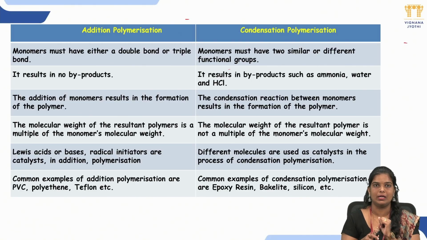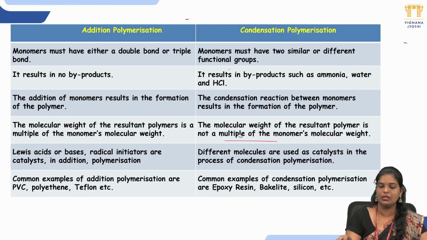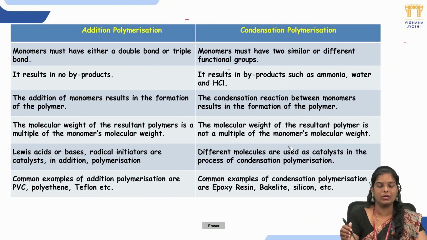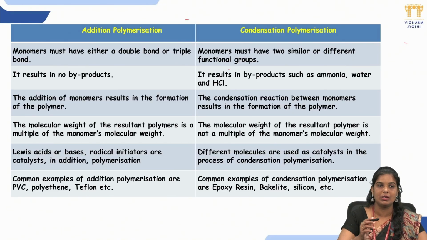It will be less in molecular weight. So that is the thing with condensation polymerization. In addition polymerization, the molecular weight will be a multiple of the monomers' molecular weight, but in condensation it will not be the multiple.